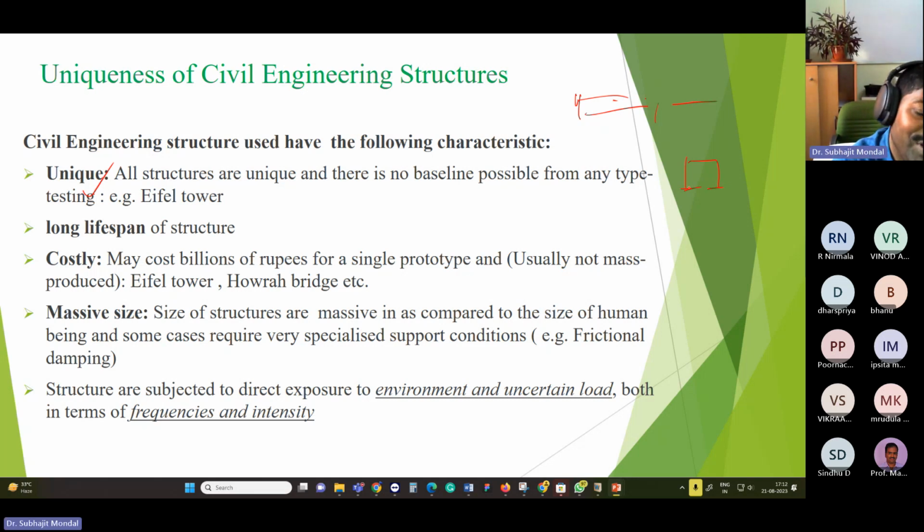One structure may be 3-story, another may be 5-story, though they are planned and the geometry is the same, or they are totally different. So the baseline method which was applicable for one structure may not be applicable for another structure.